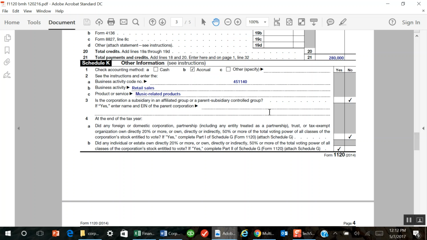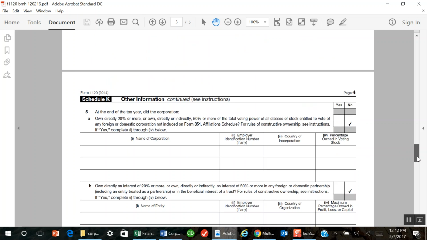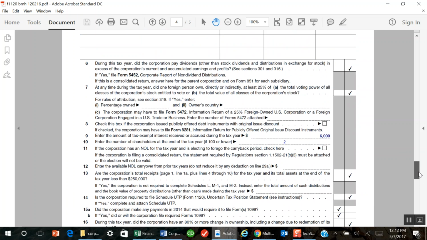Then Schedule K. Most of you did this, and most of you checked the answers correctly. I didn't mark you off if you marked some of these yes, whereas they should have been no. Most of you just marked everything no, all the way down the line.